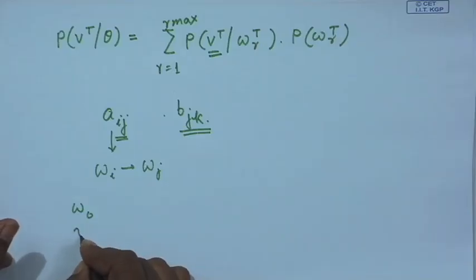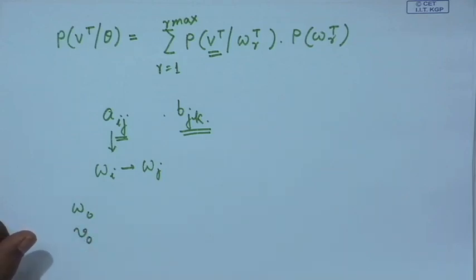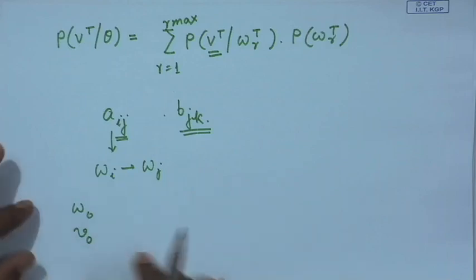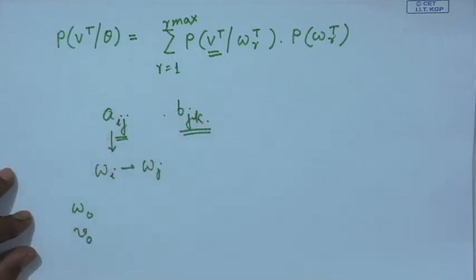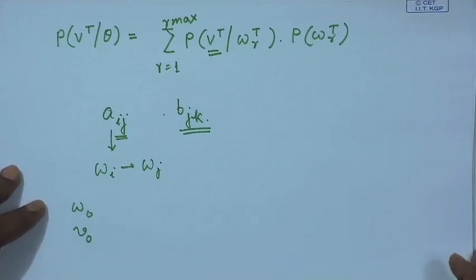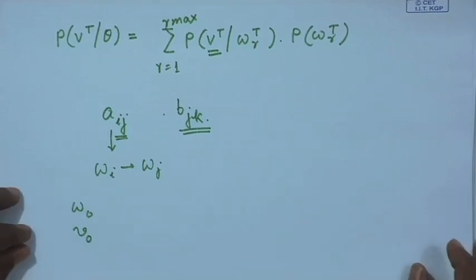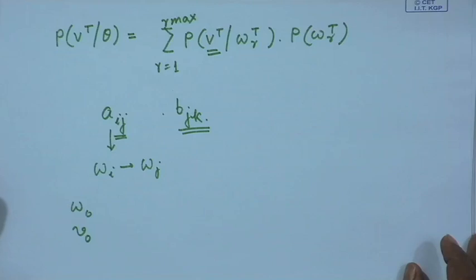And while the machine is in state omega naught, it will generate only one visible symbol, which is represented by V naught. Okay. So, the learning problem is to estimate A i j and B j k, these two transition probability matrices, from a set of visible symbol sequences.